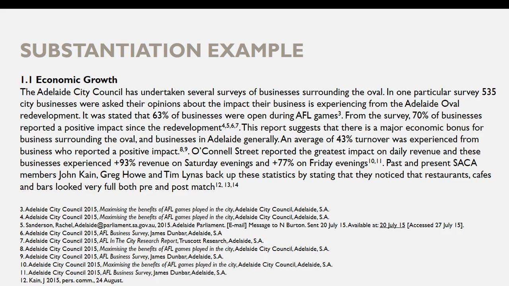Notice that at the bottom you have got personal communication from 3 people who are backing up the statistics. And again, you've got the same thing, 12, 13, 14. Again, it's a key finding.